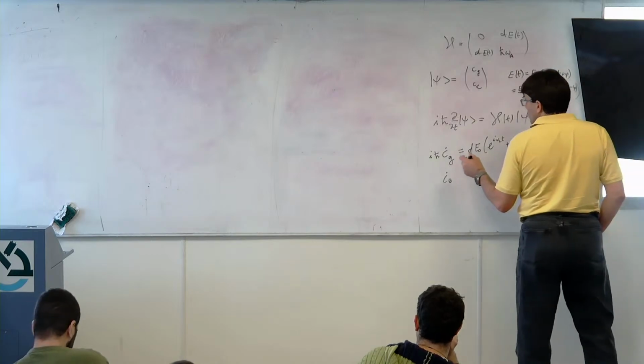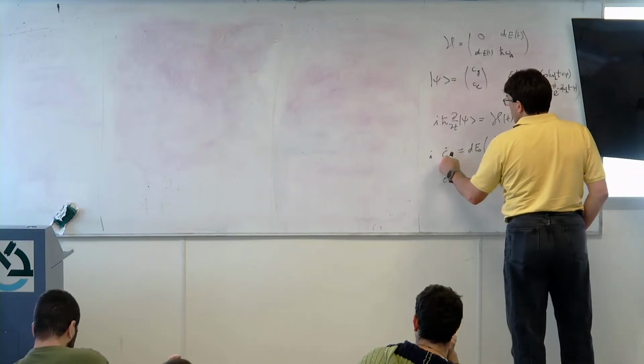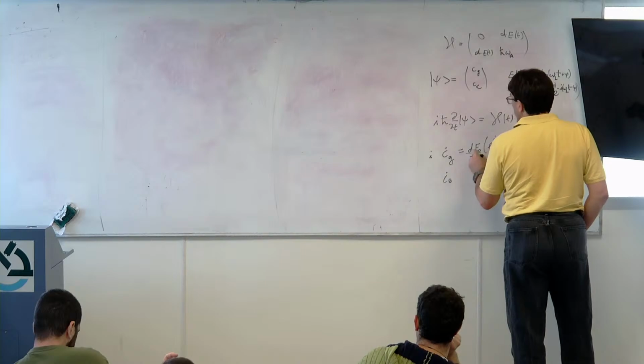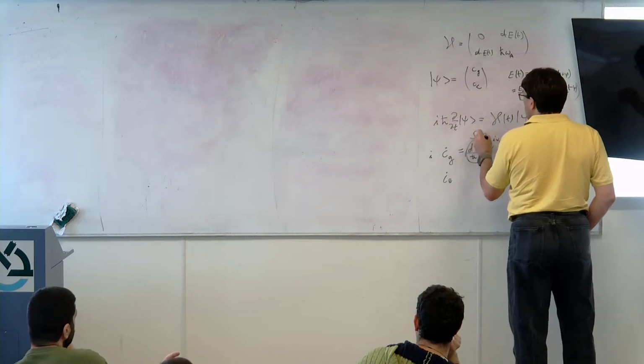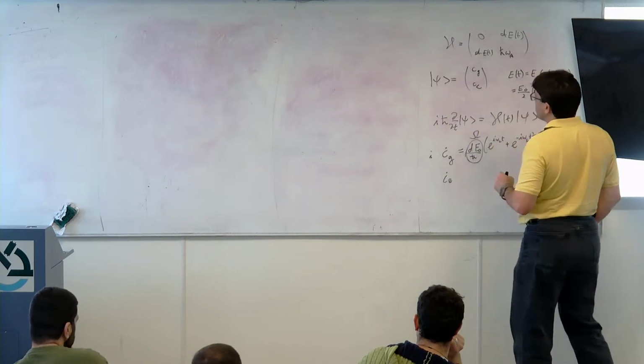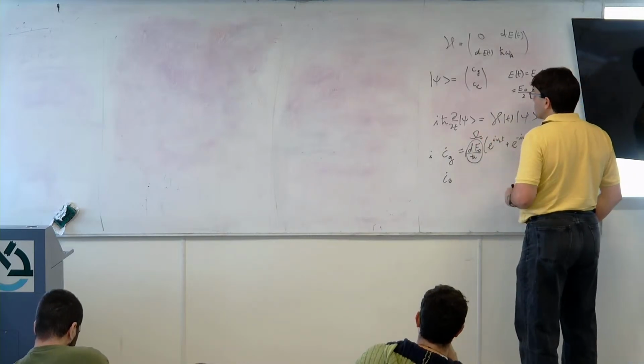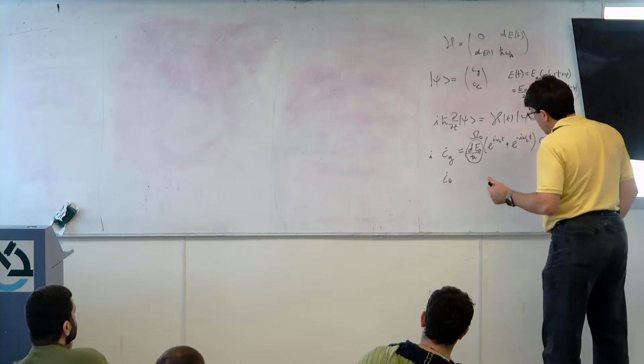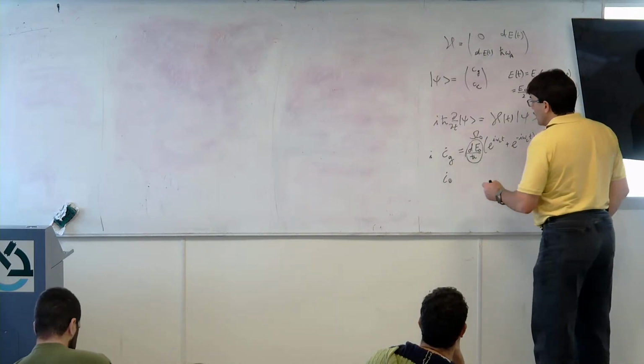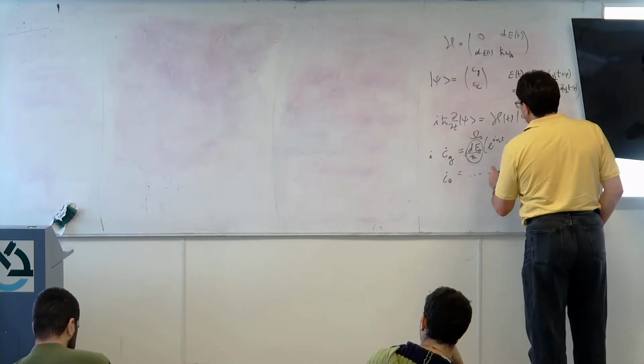And we took this one divided by h bar and called this entire thing the Rabi frequency, omega, actually omega naught, omega 0. General Rabi frequency could be something else, and we did the same here.